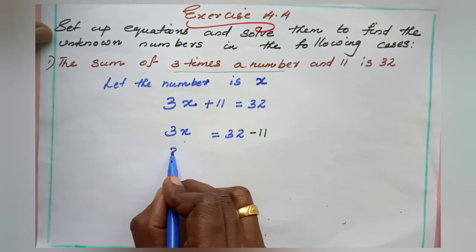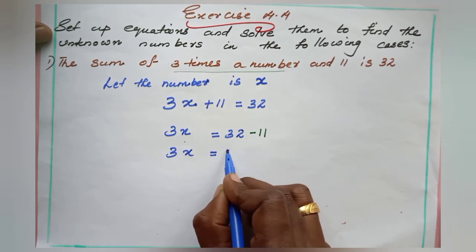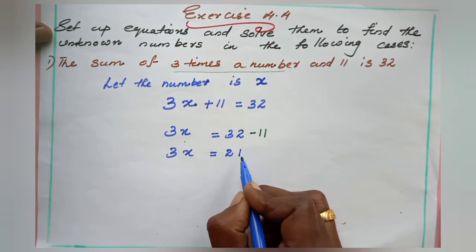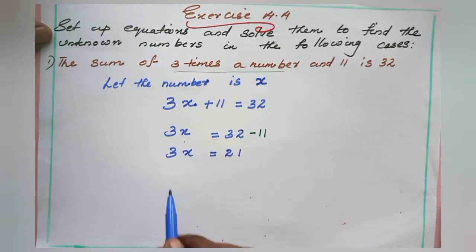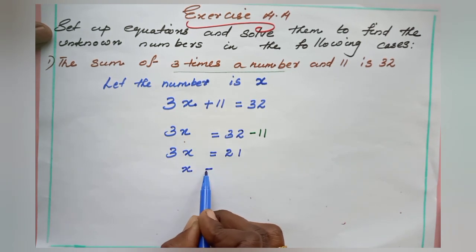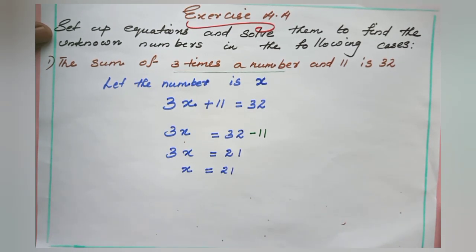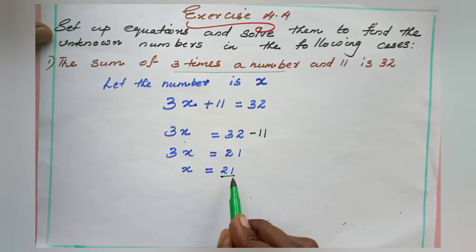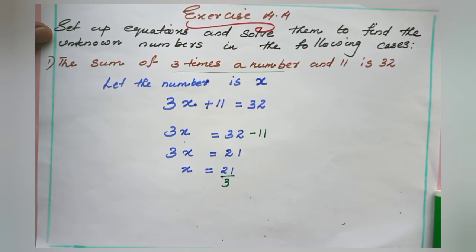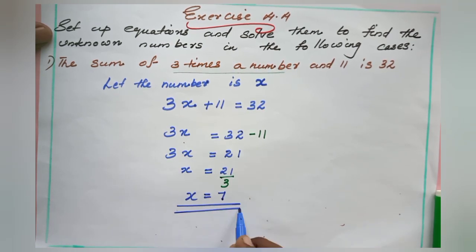So we get 3x equals 32 minus 11, which is 21. Then the 3 multiplying x goes to the right side and changes into division, divided by 3. So we get 7. The unknown number x equals 7.